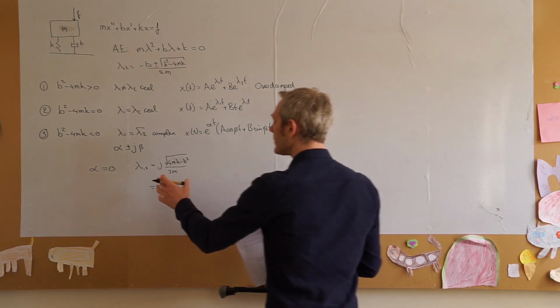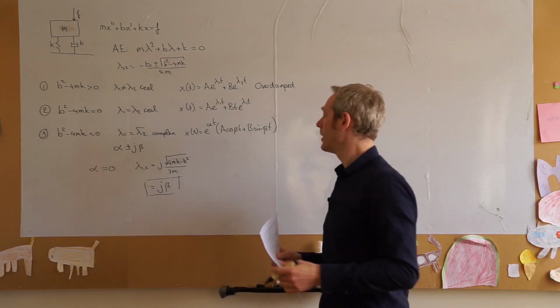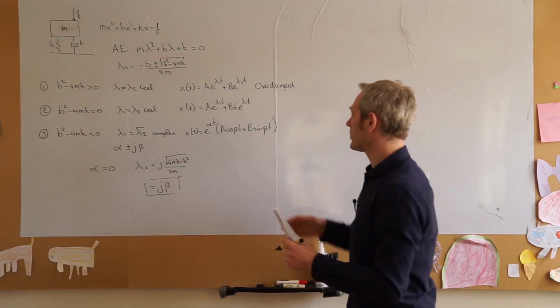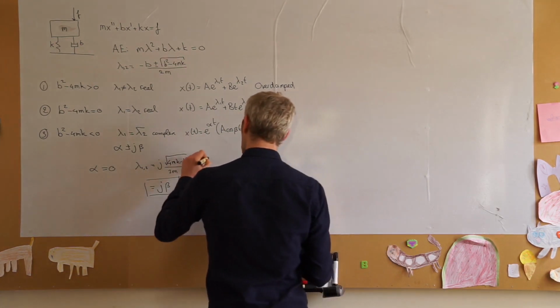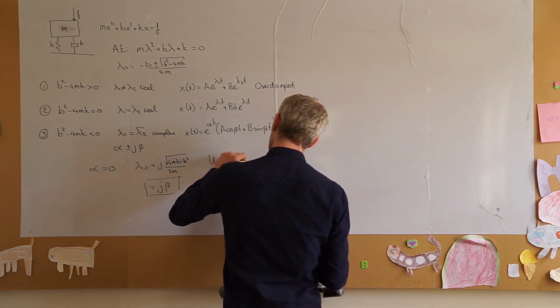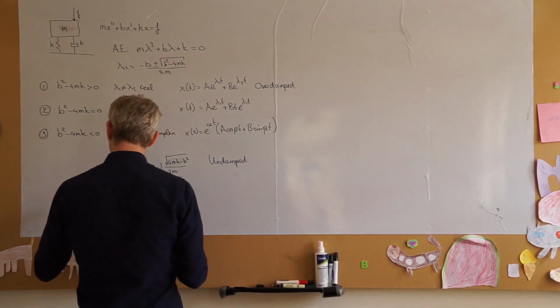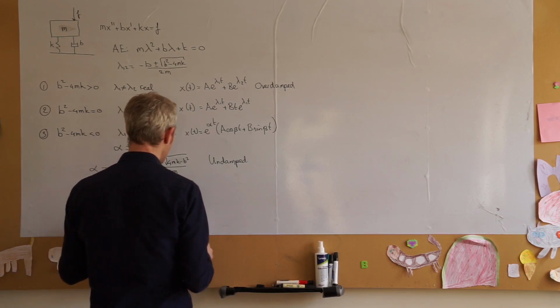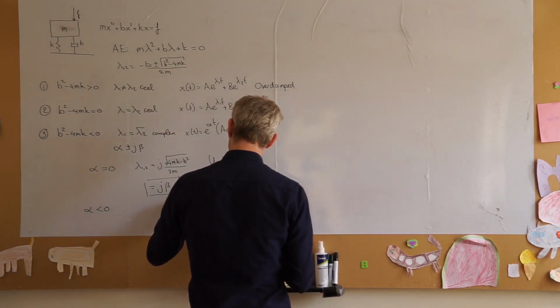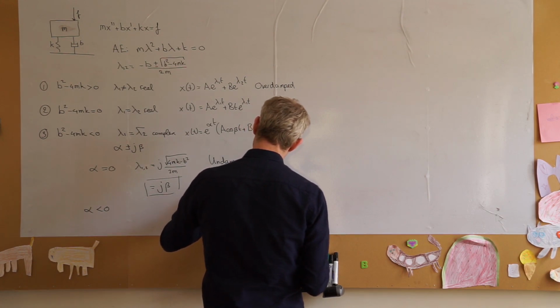Now, if there are only purely imaginary roots, we only get the oscillations and we call that an undamped system. And if alpha is less than 0, we call that an underdamped system, where the oscillations slowly decay.